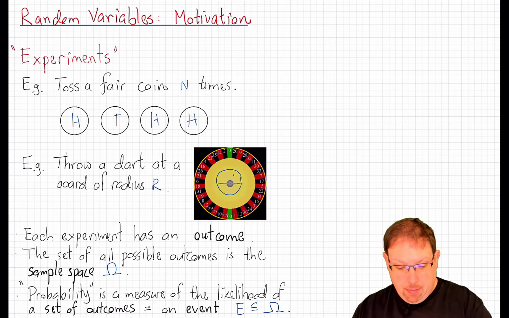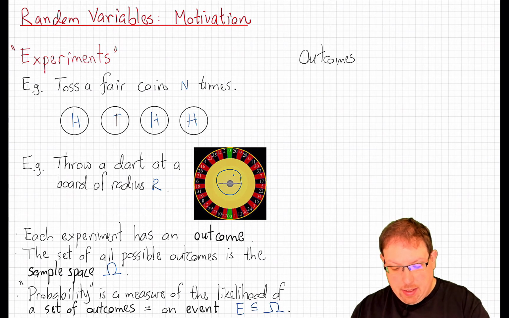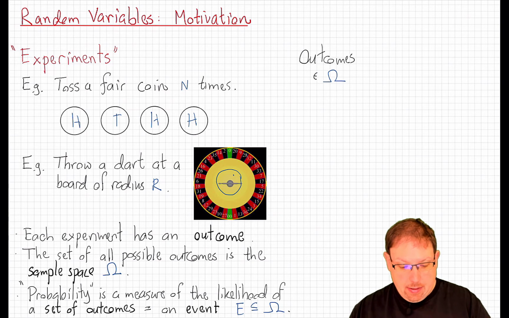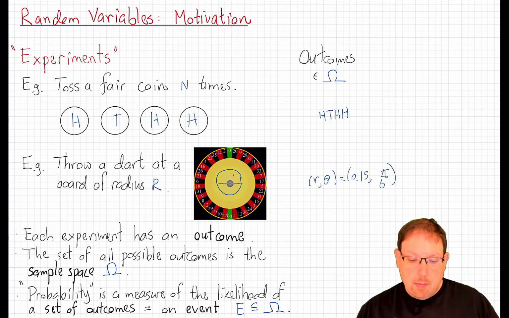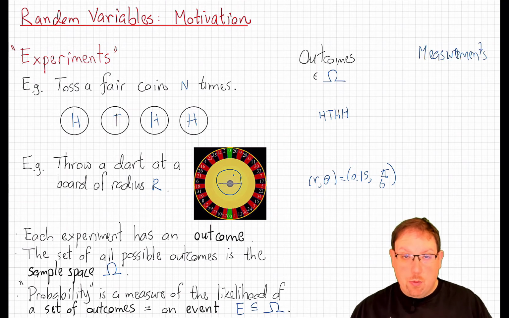Those are outcomes, which are elements of our probability space. But are those really the things that we're measuring? In a real-world situation, we're going to measure some numerical quantities.